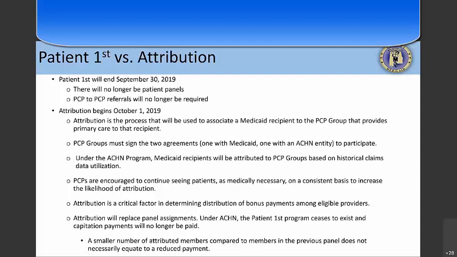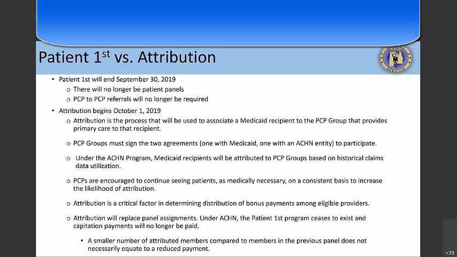If you are primary care and a recipient comes to you, you can see them without a referral. If you're a specialist and a patient shows up to your office, you do need to have a referral.